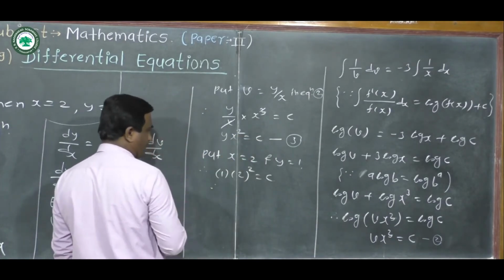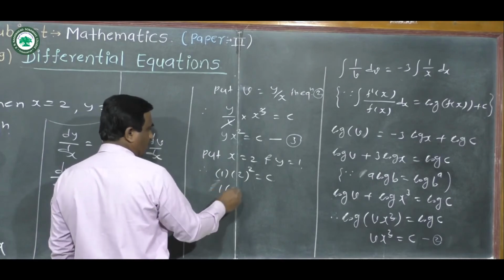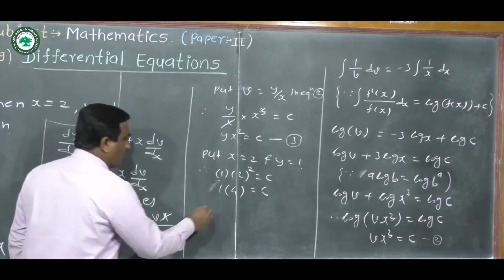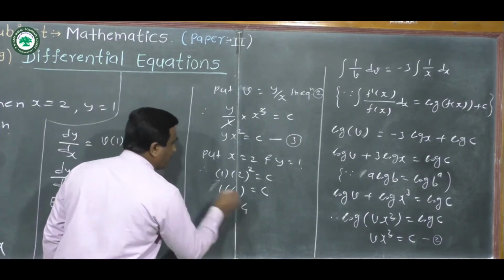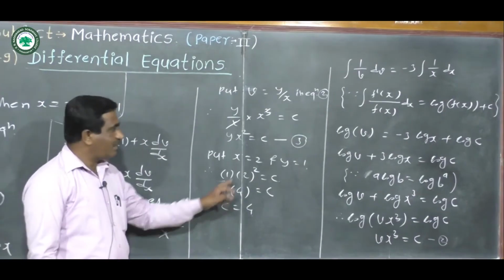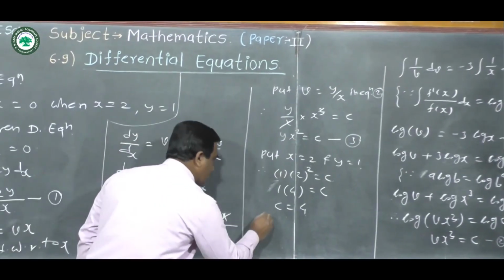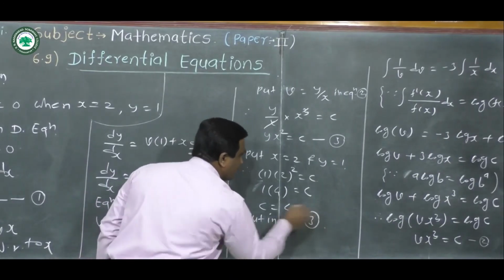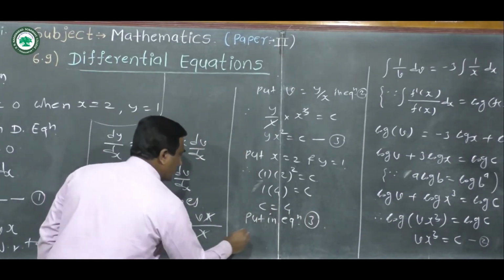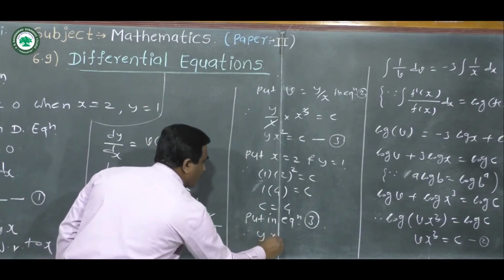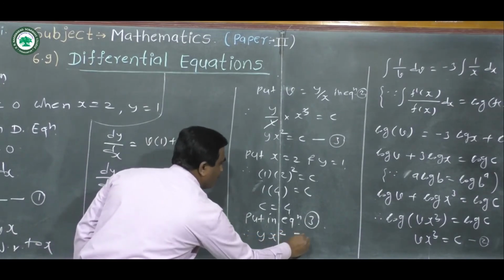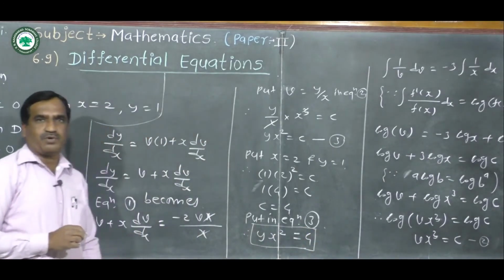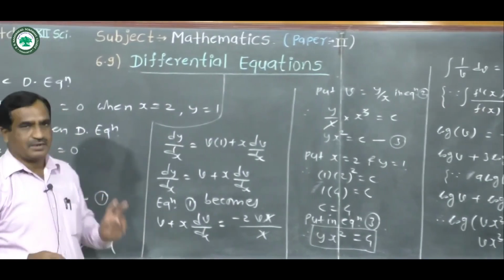Therefore, we can write 1 into 2 square, means 4, equal to c. That is, we get value of c is equal to 4. Put this value of c in equation 3. Therefore, we can write here y into x square is equal to 4. This is the required particular solution for the given differential equation.